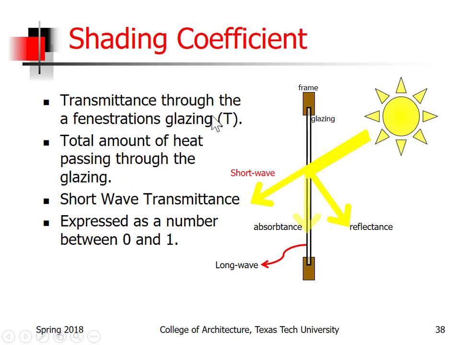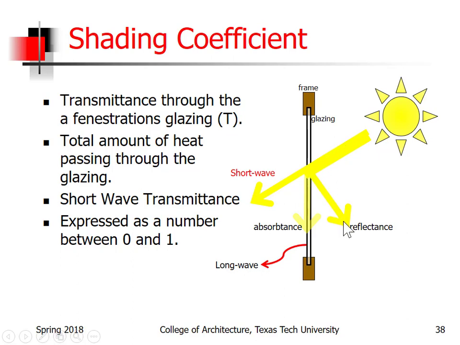So the other is what we call the shading coefficient. In other words, how much light does this glass block from transmitting through the window. And as we said before, windows have 3 conditions, or the glass has 3 conditions.